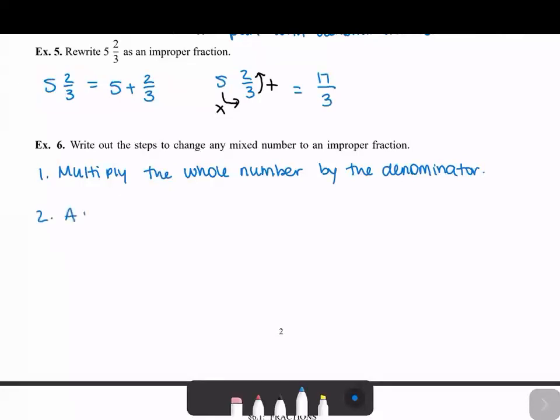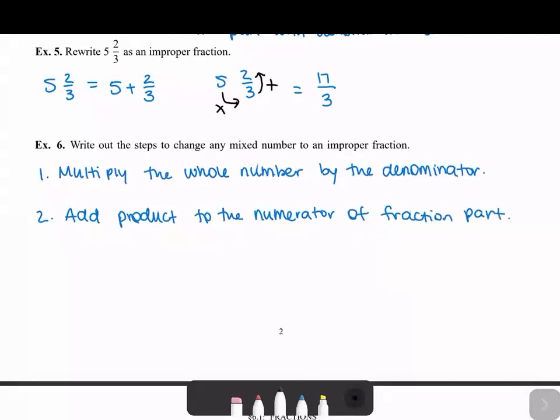So after we do that, we know how many parts went into our wholes. We add that product from step 1 to the numerator of the fraction part. And this is where it comes in that 5 2/3 is really 5 plus 2/3. That's why we add here.